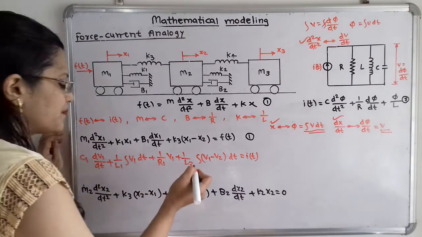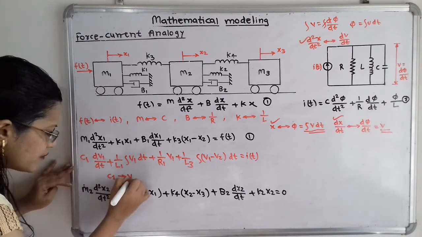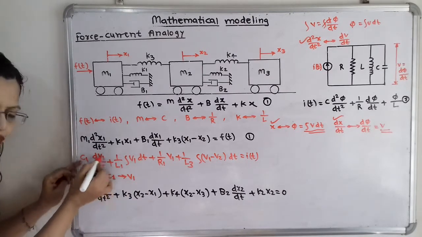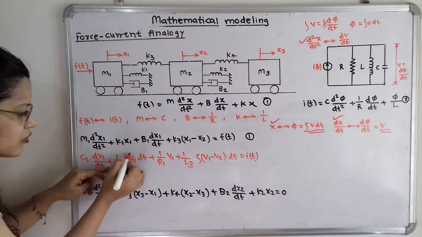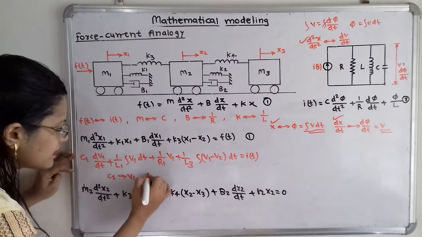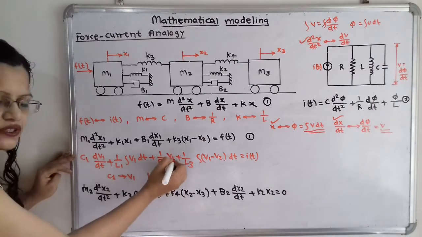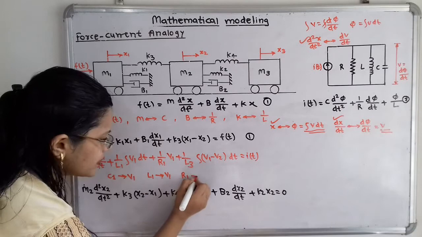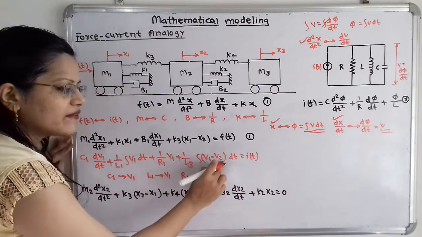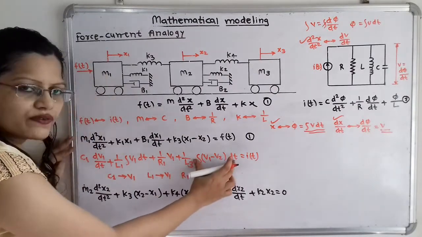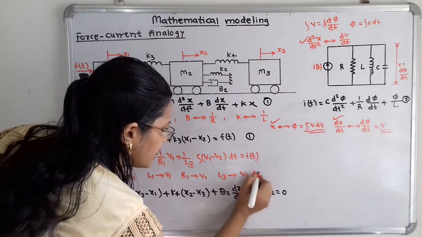So I will write here C1 is along with voltage V1, because here if we observe this coefficient, then 1 by L1 is along with V1 only, so I will write here L1 with V1. Then this R1 is also having coefficient only with V1, so I will write R1 with V1. Then L3, so this L3 is in between V1 and V2, because for this L3 the coefficient is in between V1 and V2, so I will write L3 is for V1 and V2.